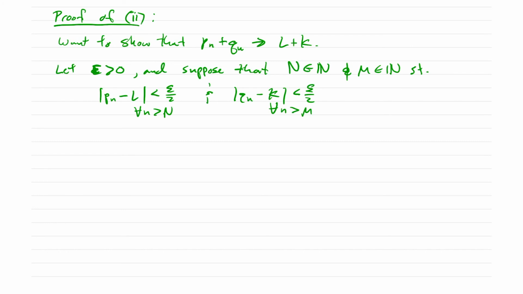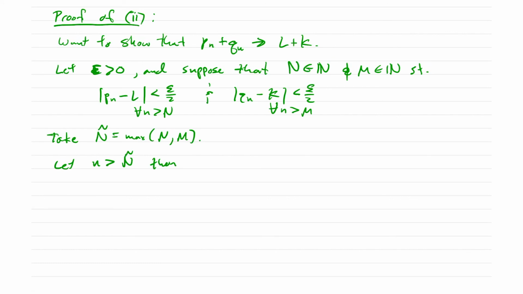And so I'm just going to take n tilde to be equal to the max of n comma m, right? So as long as you're bigger than n tilde, you're bigger than n and m. So we're going to let n be bigger than n tilde.